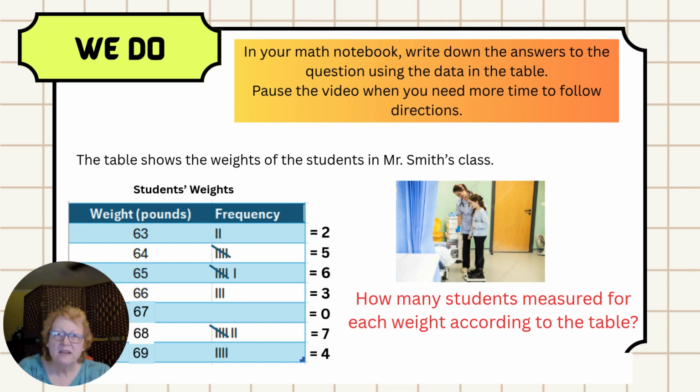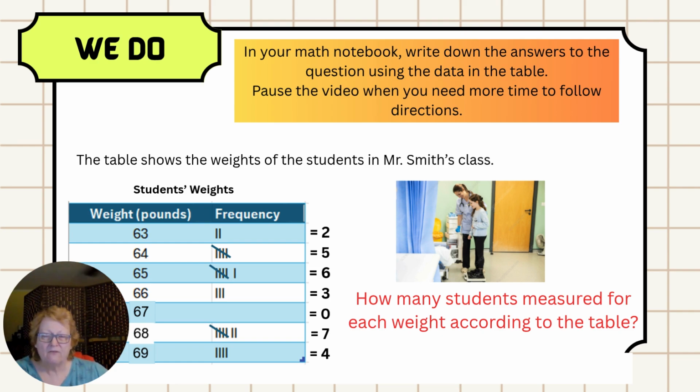All right. So let's look at our frequency table. For each tally mark, this represents the number of students who weighed that particular weight. Let's look at 63 pounds. How many students weighed 63 pounds? According to the tally marks, there are 2. How many weighed 64 pounds?